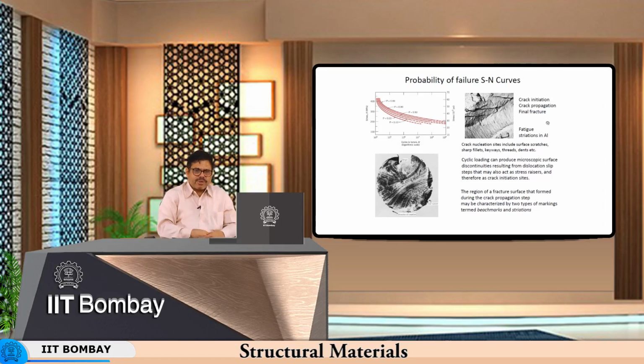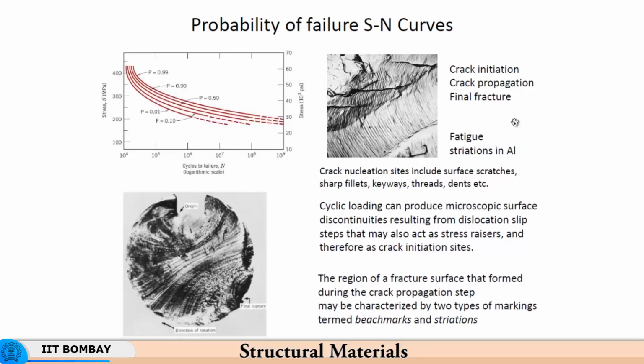So cyclic loading can produce microscopic surface discontinuities resulting from dislocation slip. We know that plastic deformation requires dislocation slip, and so when you see beach marks, it means that the crack has been arrested by the plastic zone, again it propagated, again it got arrested, again it propagated, and so on.